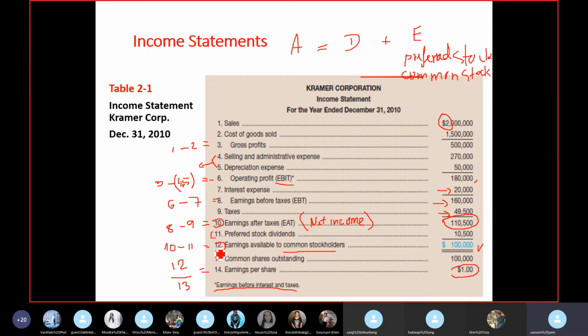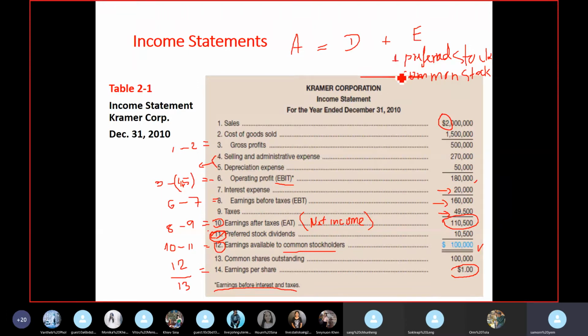Number 11 is the dividend paid for the preferred stock. The people who hold the preferred stock will get the dividend before the people who hold the common stock.